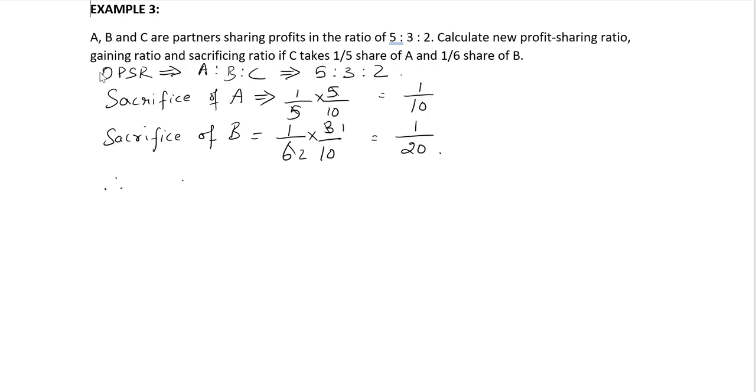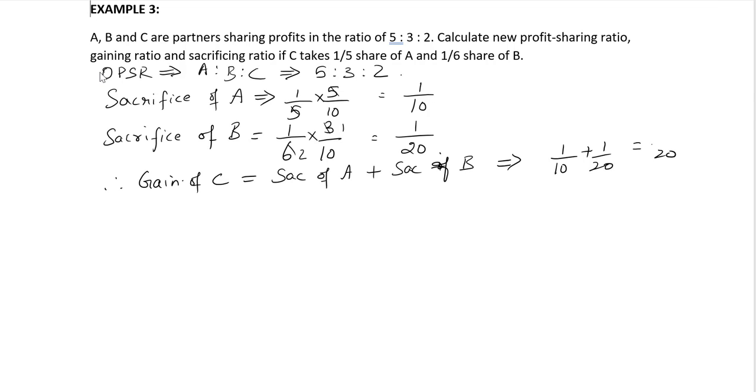And gain of C is equal to the sacrifice of A plus the sacrifice of B, which is equal to 1/10 plus 1/20, which is equal to 3 divided by 20.